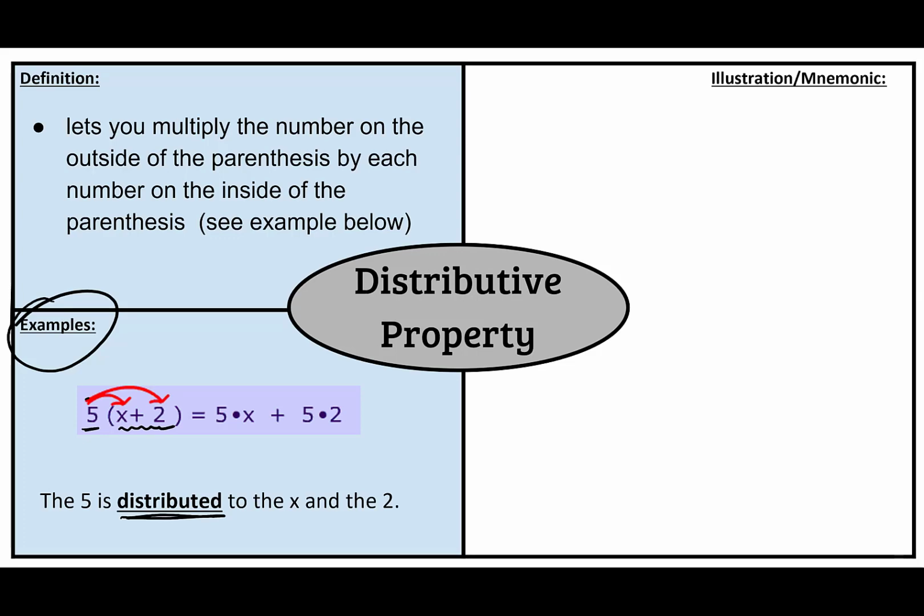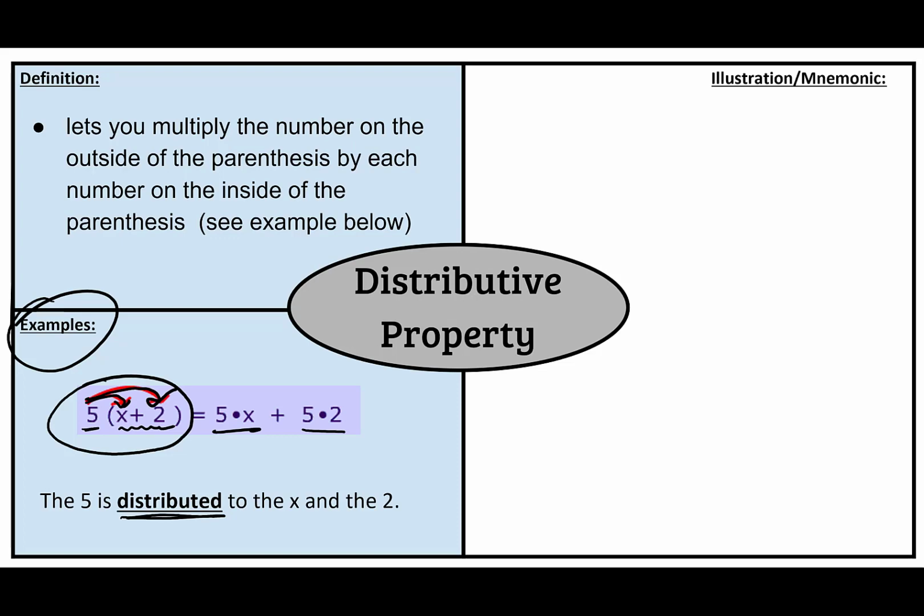What that allows us to do is rewrite this equation, 5 parentheses x plus 2, as 5 times x plus 5 times positive 2.